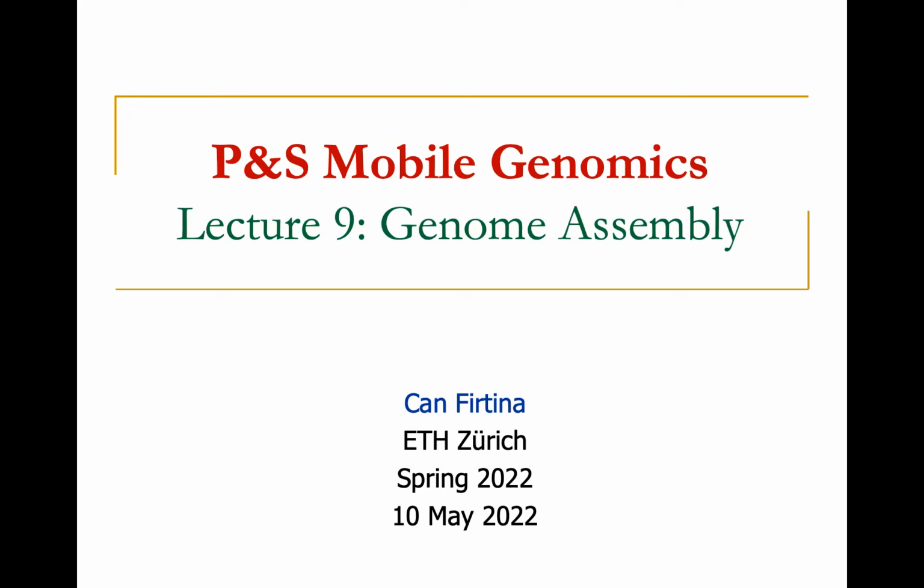So we mostly focused on topics related to read mapping because it's an important and challenging problem to solve. There are many problematic aspects of it. Today we're going to slightly shift our focus to genome assembly, which aims at almost the same thing.